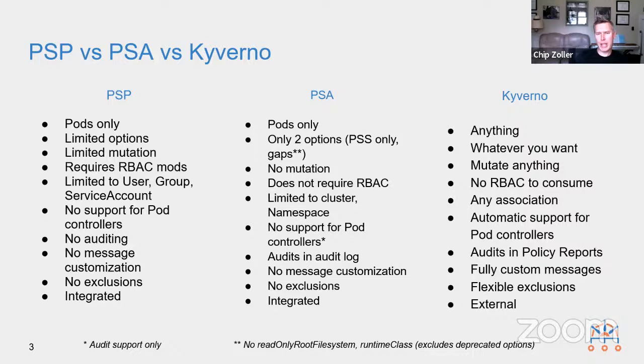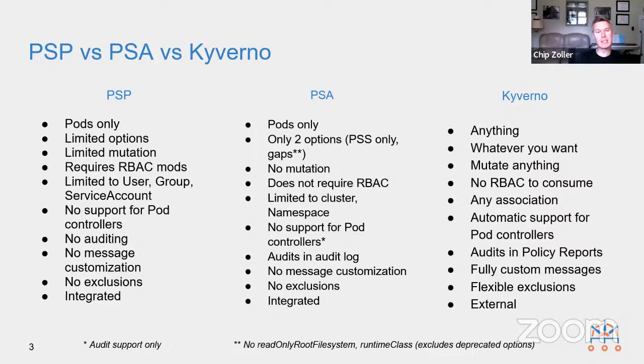There's the baseline, which has the most basic security fundamentals for a pod spec, grouping about 8 or so. And then there's a restricted profile, which goes even further to lock down pods, with another 6 to 8 or so. So since pod security admission implements pod security standards, you have two options in pod security admission, and both of those options are the profiles I just mentioned for pod security standards.